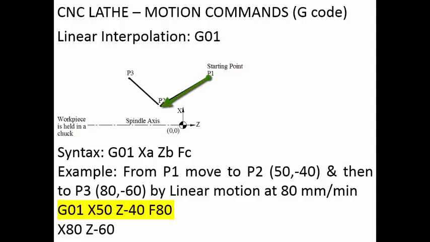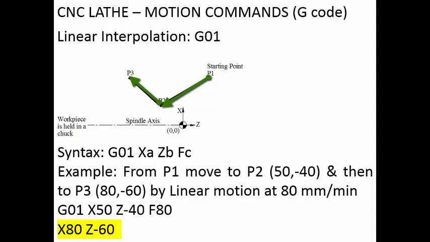It will come to this particular point X50, Z minus 40 at a rate of 80 millimeter per minute along a straight line. Then when it reads X80 and Z minus 60, it will automatically take it as G01 because it is already provided. Then it will take it as F80 because that is the current feed rate.